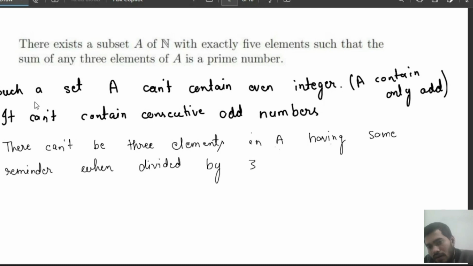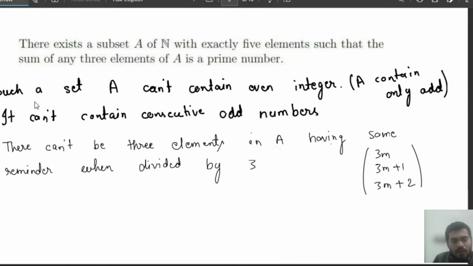We know that any natural number can be written in the form 3m, or 3m plus 1, or 3m plus 2, right? Only 3 possible choices. So what I'm saying is there can't be 3 elements in A having the same remainder when divided by 3.